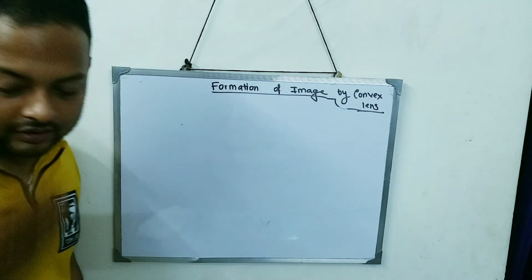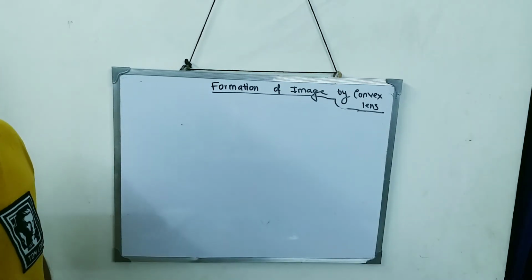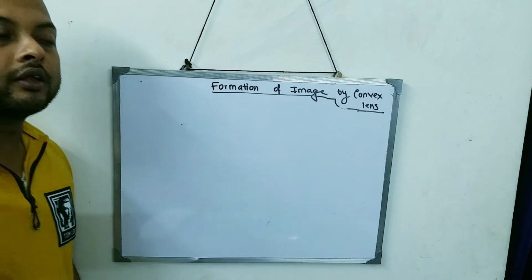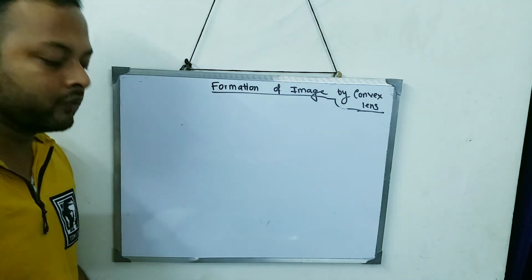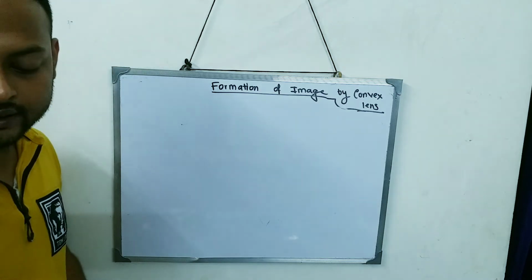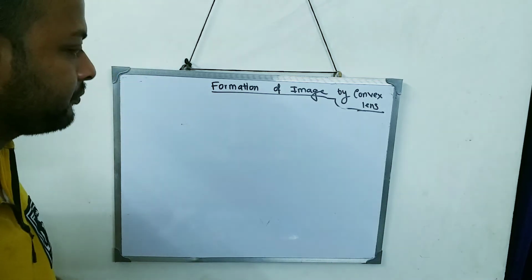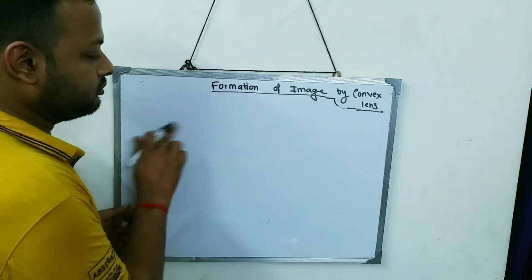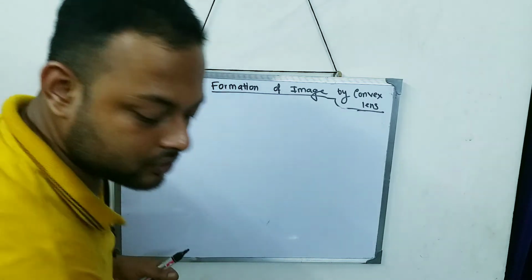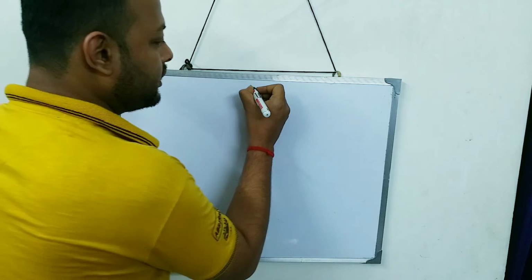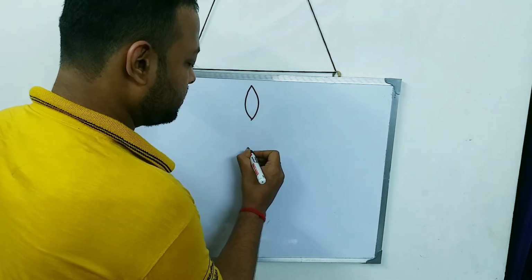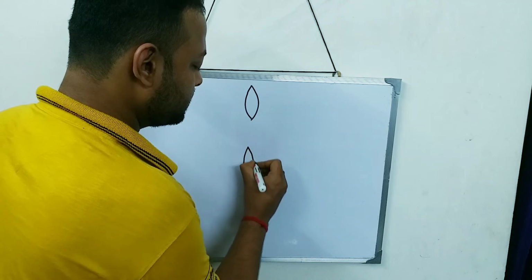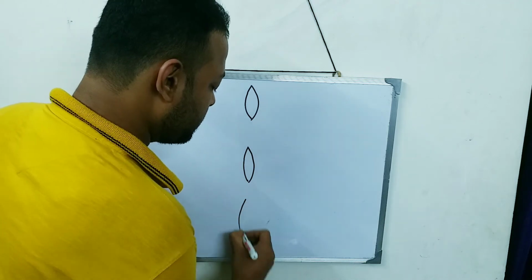Now after the three rules, we have to do the ray diagrams. We have to get a general idea of how a ray diagram will look. To get a general idea, suppose I take a convex lens, I take another convex lens, and I take another convex lens.